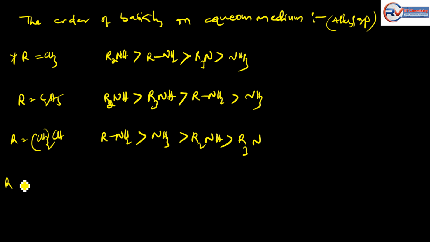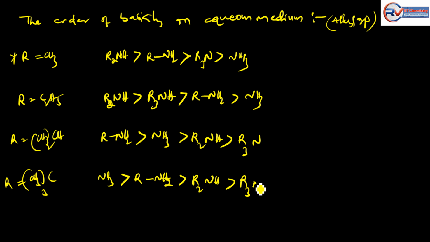If R equals butyl group, ammonia is more basic than primary amine, which is greater than secondary amine, which is greater than tertiary amine. These are important for objective exams.